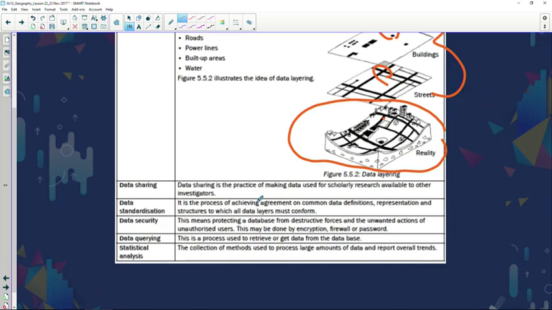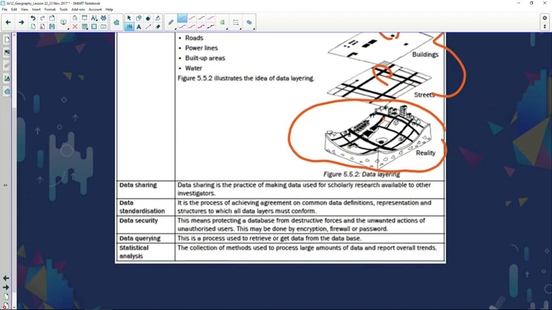So basically that everyone talks about the same principles and the same concepts. Data security is to protect the database from destructive forces. Now, how do we do that? On your phone, you've got a password. You've got a firewall to protect it, and that's the reason why we install programs like Norton antivirus, etc.